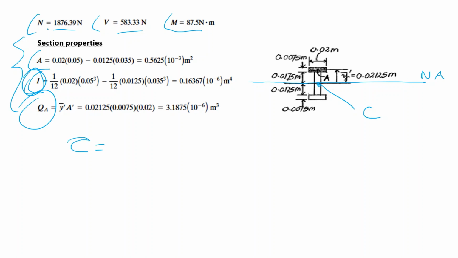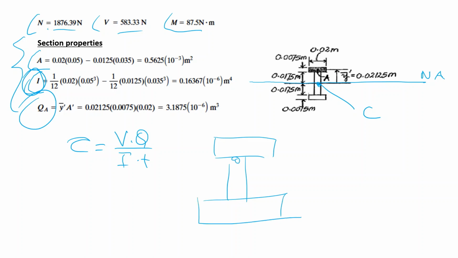So when we have a shear force V, the shear stress at any point of such a section, in this case point A, requires that I know the shear force, the I value, and the thickness at this point. And I have to determine Q. How do we determine Q?